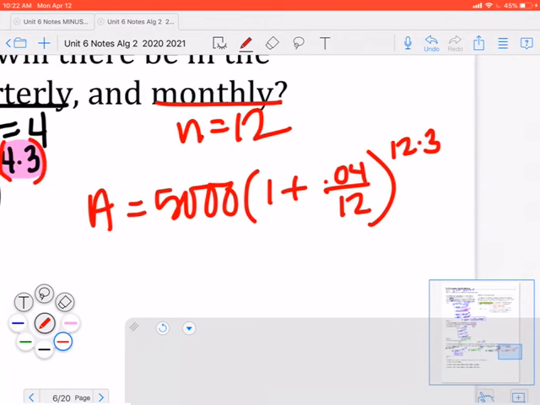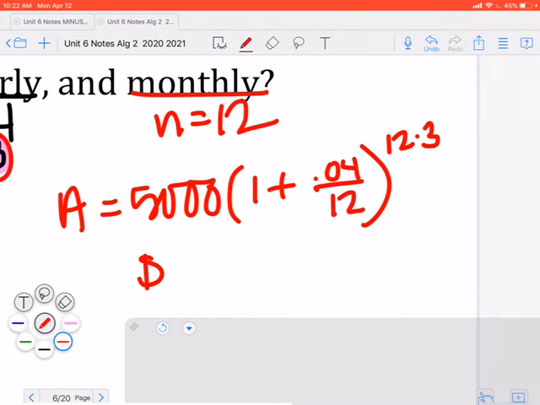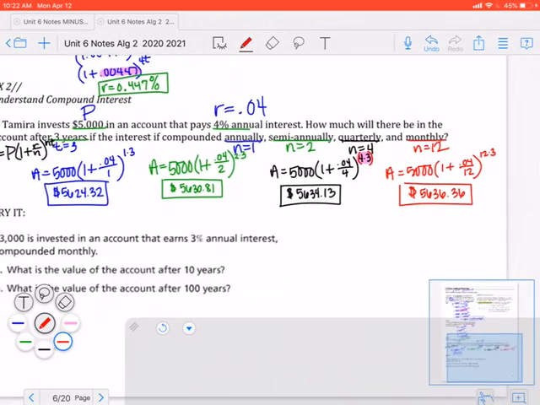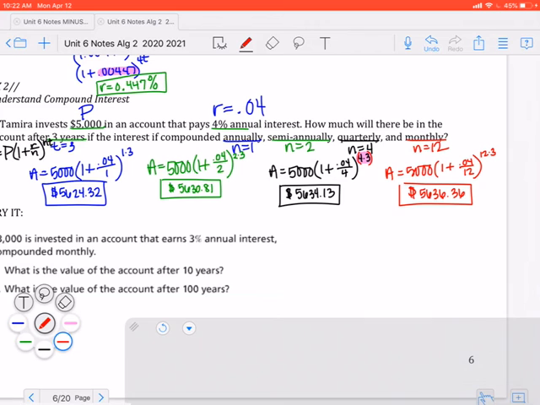And finally, when it's compounded monthly, we get $5,636.36. Look, they're all about 5,000, but look at the numbers: 624, 630, 634, 636. Every time you increase the number of times it's compounded, the more money you're getting.